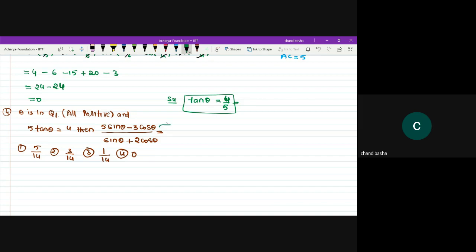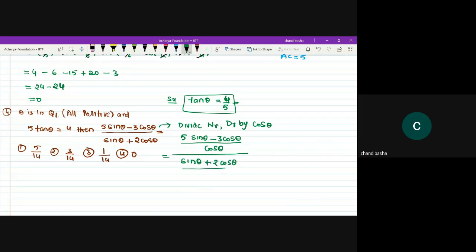Divide numerator and denominator by cos theta. So, sin theta minus 3 times cos theta whole divided by cos theta. Similarly, the denominator expression will be sin theta plus 2 times cos theta divided by cos theta.